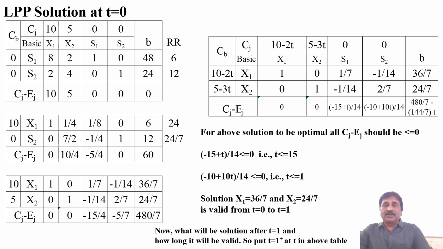But now Cj minus Zj, I will be finding afresh, because the coefficients of x1 and x2 are now not 10 and 5, they are 10 minus 2t and 5 minus 3t.